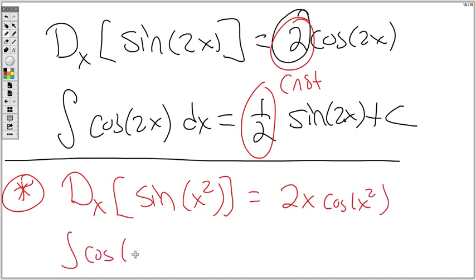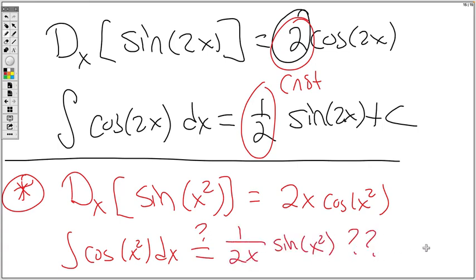So the integral of cosine of x squared is not 1 over 2x times sine of x squared. Well, here's the difference. Constants factor out when you take derivatives, right? Do variables factor out? No. So if you've got variables in there, we're going to have to try to do something else to fix the variables. You follow? If you take the derivative of this, you'd have to use either the quotient rule or the product rule, and you're not just going to get that. So this works well for constants, and we'll see that in our formulas.